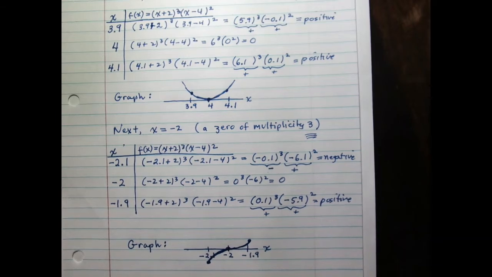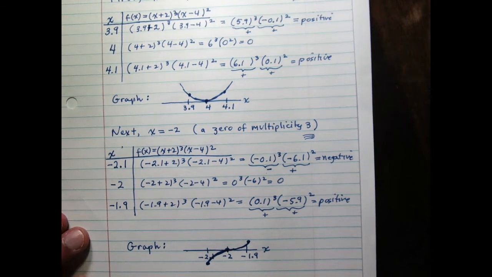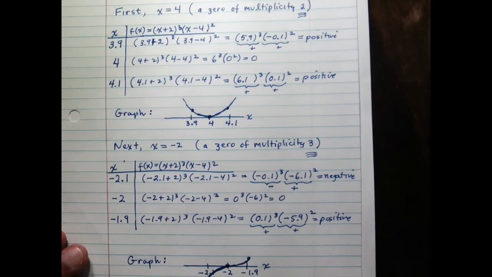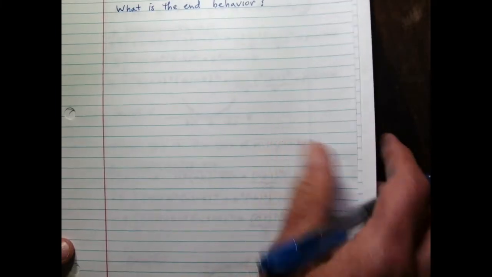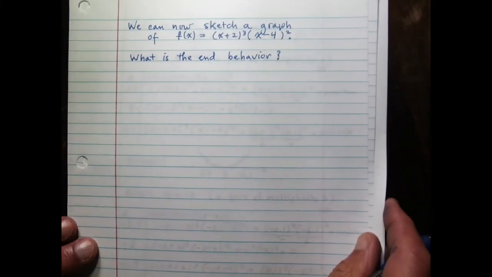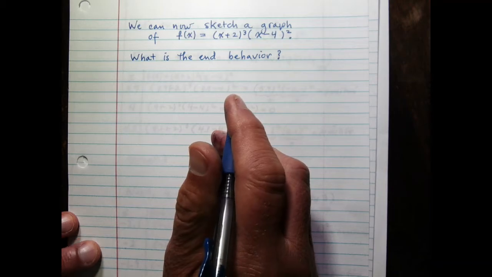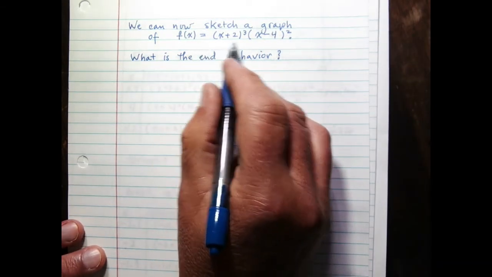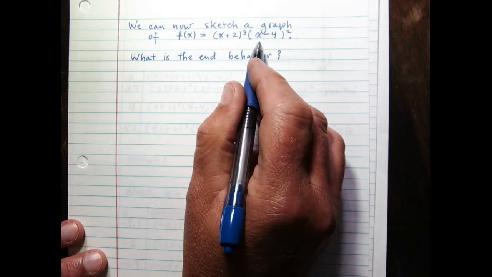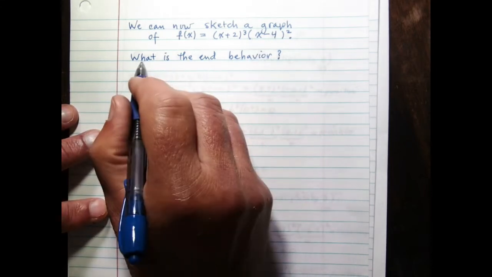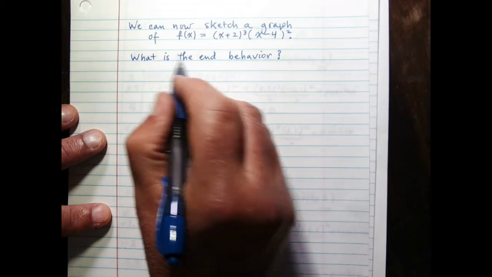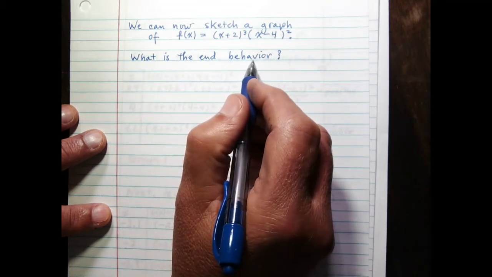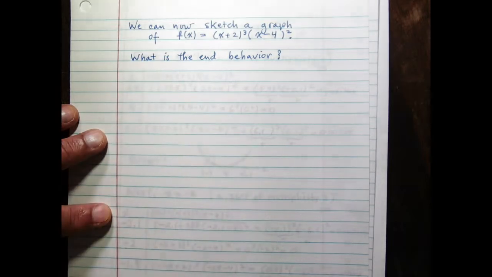And what I want to do here then is, let's put together a sketch of this function before we move on to other examples. So I want to sketch a graph of x plus 2 cubed, x minus 4 squared. And before we do it, I want to analyze the end behavior also of this function, because this is something we're going to always have to do.